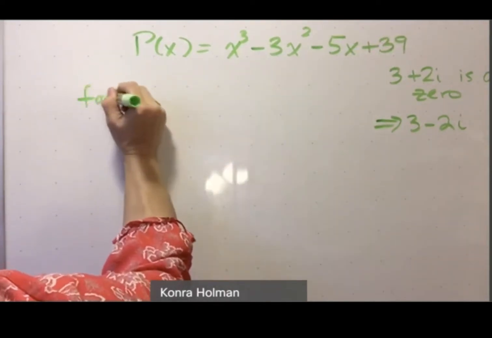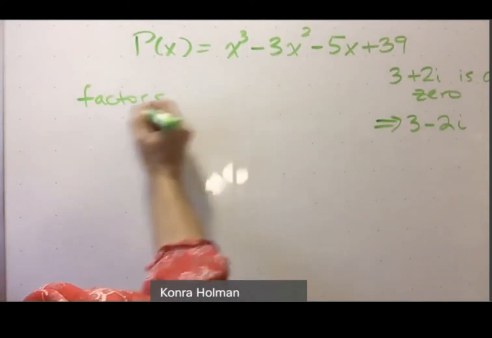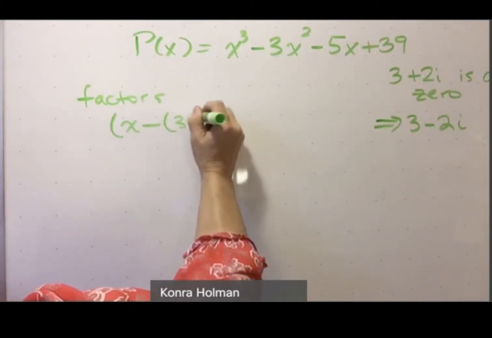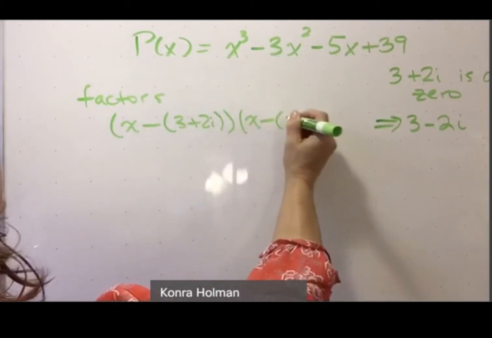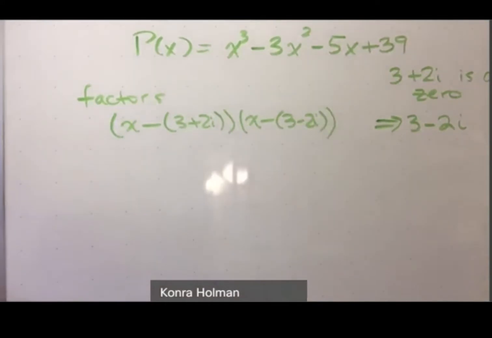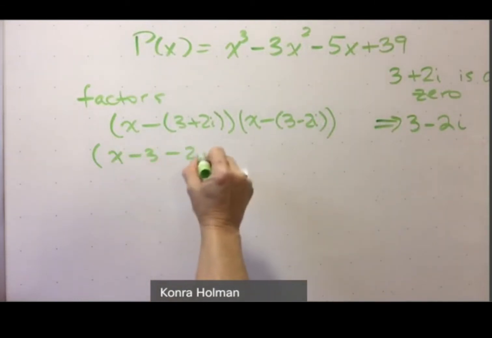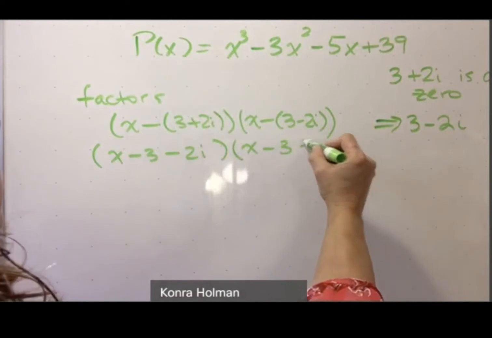I know that my factors, I have two factors, x minus 3 plus 2i and x minus 3 minus 2i. Do you see where I'm getting at? I'm going to rewrite this, though, so I can do a bunch of this in my head. So that's x minus 3 minus 2i and x minus 3 plus 2i.